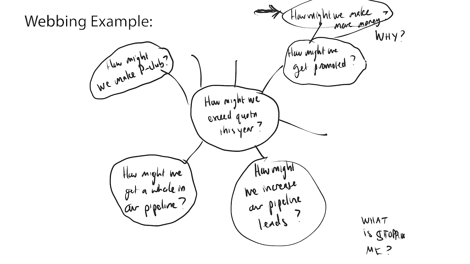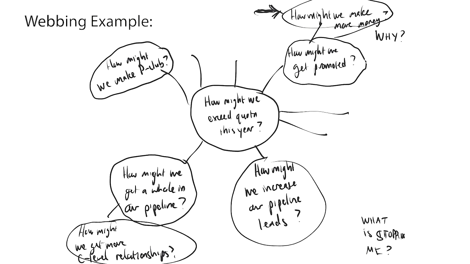And so on. You're going to find what else is stopping you, what else is stopping you, to get more options here. And then ask on each of these again, what is stopping you from doing that? So if the goal here is to get a whale in our pipeline, what is stopping us? One option could be C-level relationships. So then we would change that again into a question. And so on and so forth.